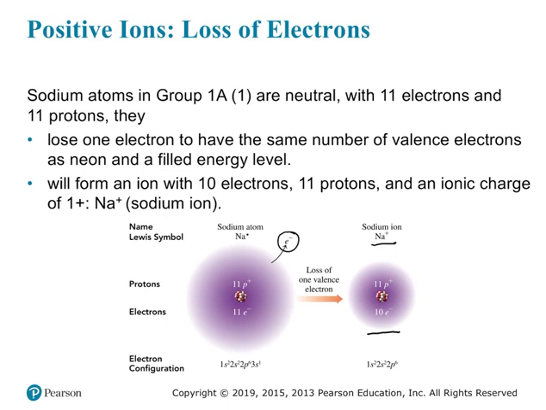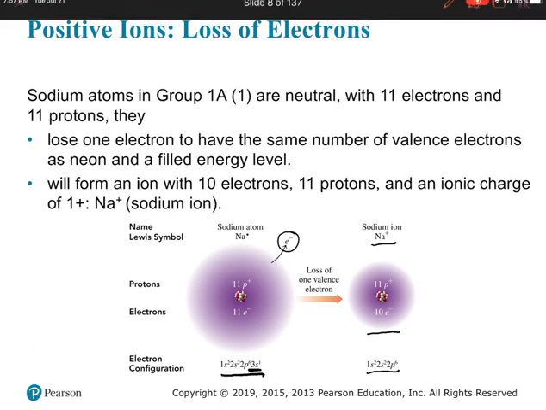Now also, let's look at the electron configuration for the neutral atom versus the positive ion. So in the neutral atom, with 11 electrons, the configuration is 1s2, 2s2, 2p6, 3s1. But notice we're losing that last electron there in the highest energy level. So the final electron configuration after losing that one electron is 1s2, 2s2, 2p6.